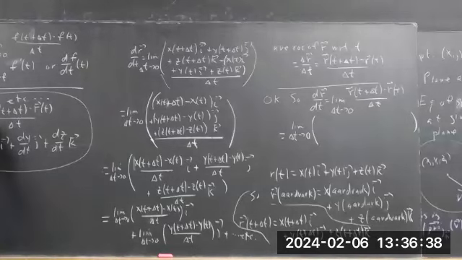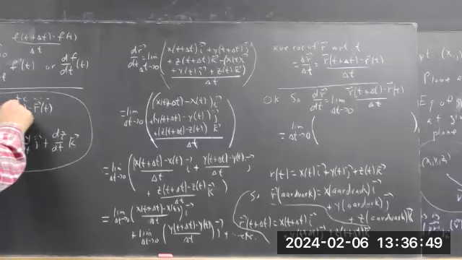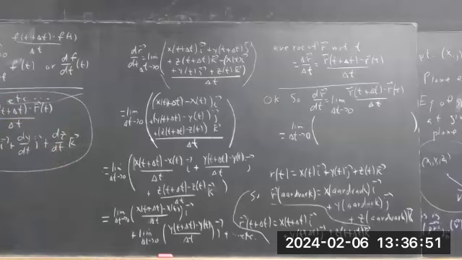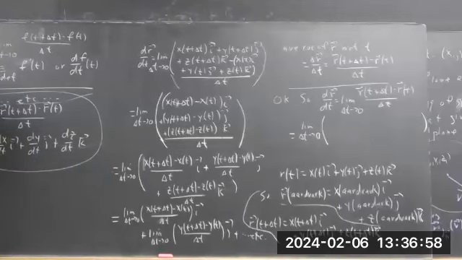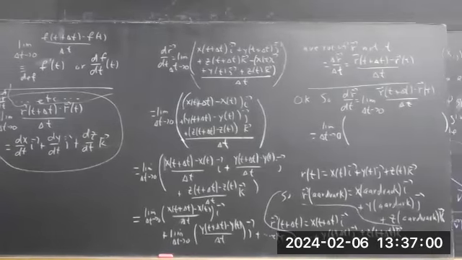And this is dR dt equals this limit, because that's the definition of a derivative. It's the limit of the change in R over the change in T as delta T, as the change of T, goes to zero.